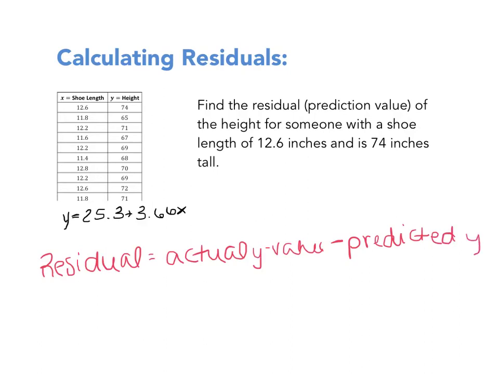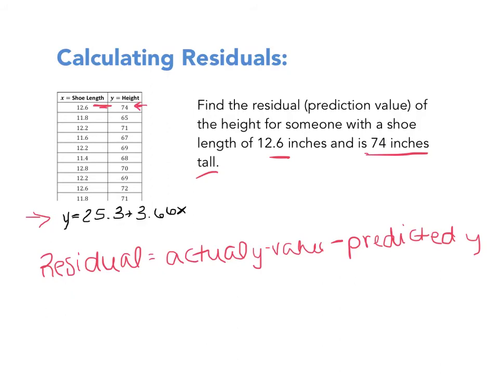So we are asked to find the residual of the height for someone with a shoe length of 12.6 inches and 74 inches tall. That's this first guy in the data set right here. So our actual measured height is 74, but we need to find out by using this equation what our predicted value would be first.